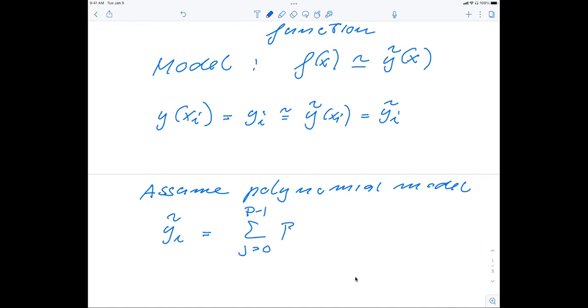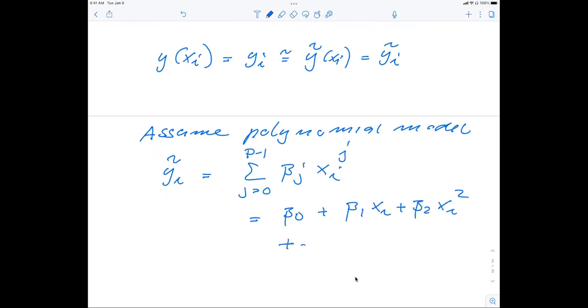And then I have some unknown parameters, beta j, and then I have my x of i to the power of j. You see that this one has the intercept first, plus the slope, which comes in here. And then I have beta 1 times x of i to the power of 1, plus beta 2 times x of i to the power of 2, etc., etc. So this is my polynomial fit.